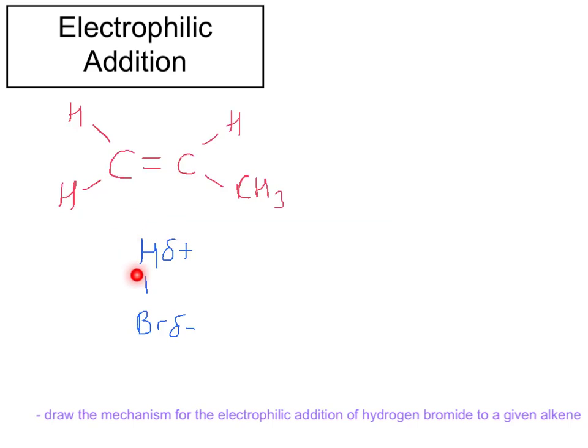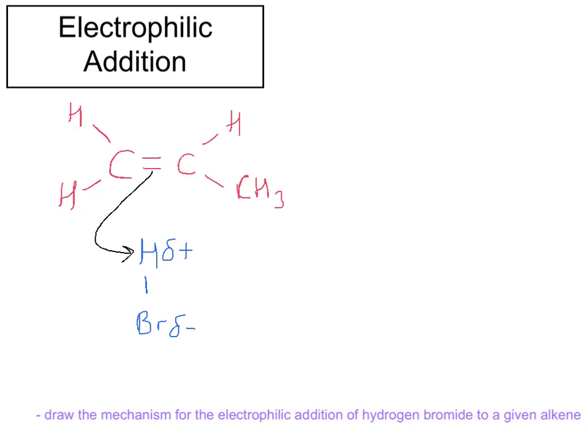This delta positive hydrogen is attracted to this area of high electron density, this double bond, and so it reacts with it. So the first step in this mechanism is that this double bond will reach out and attack this slightly positively charged hydrogen, and we can show that using an arrow that goes from where the electrons are to where the electrons are going.